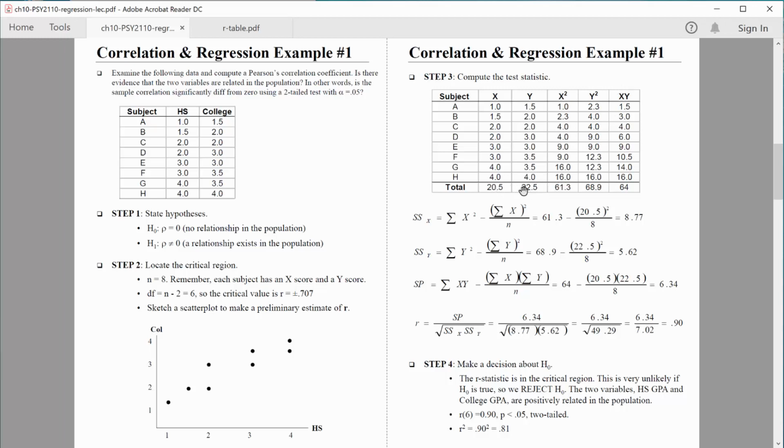Now we know the sum of x, the sum of y, the sum of x squared, the sum of y squared, and the sum of x times y. And that's everything that we need to compute these three formulas right here. Once we have the sum of squares x, which is a measurement of variability for the x variable, and the sum of squares y, which is a measurement of variability for the y variable, and the sum of the products of the deviation scores, which is a measurement of how they co-vary together, then we can finally compute that standardized R coefficient.